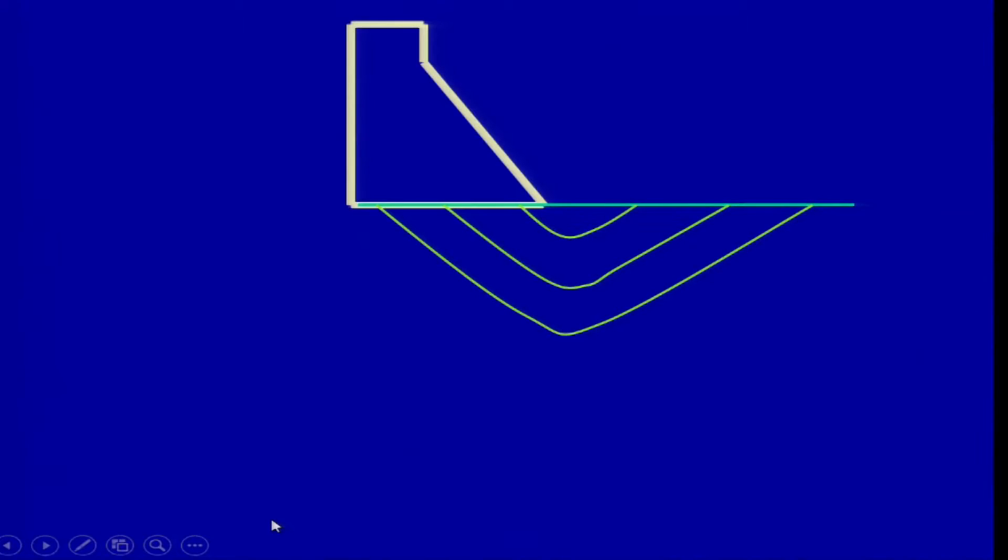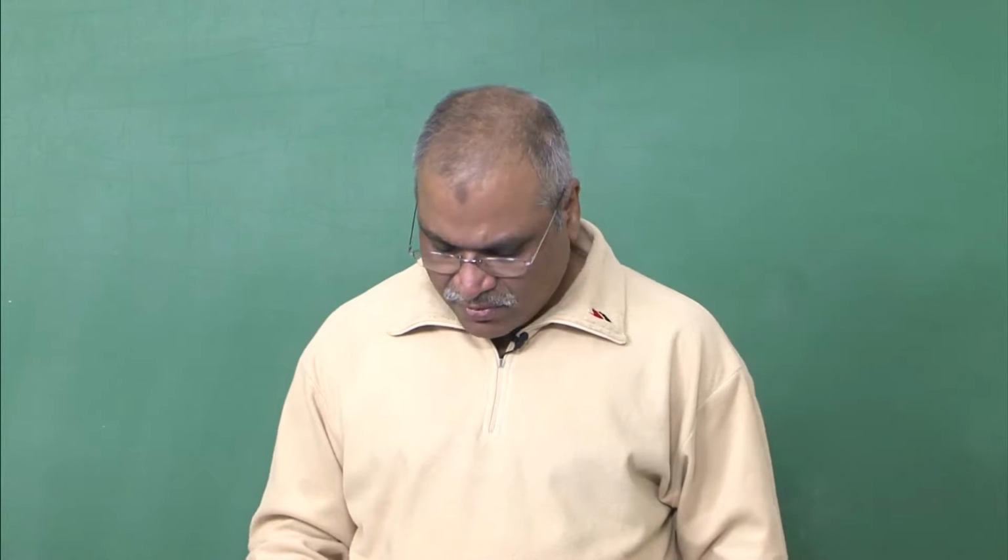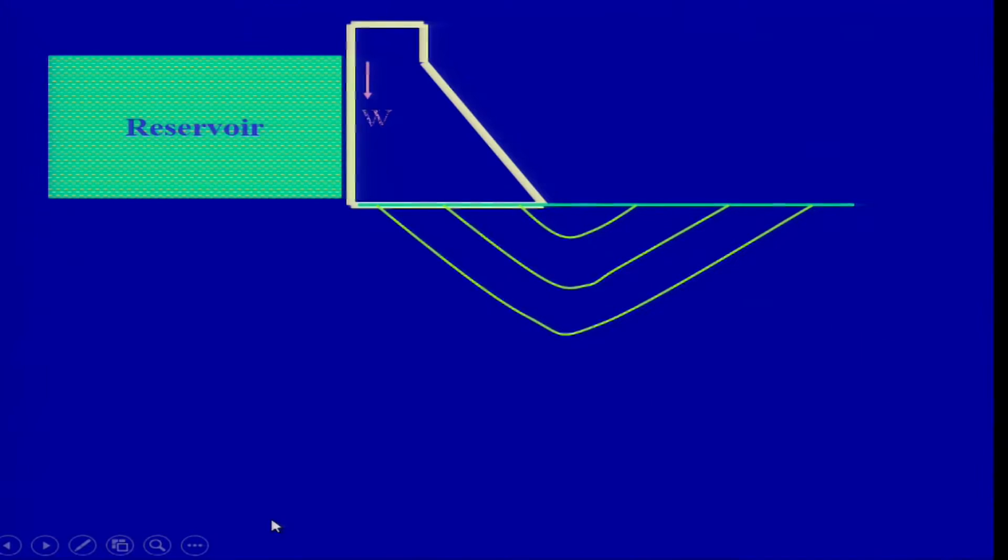Now, coming to the other example, suppose you come across a syncline or maybe an anticline with the beds dipping in the downstream direction; you will have a lot of problems there. If you take the two vectors W and T, and then the resultant, you will find this is almost inclined, and this is not good.